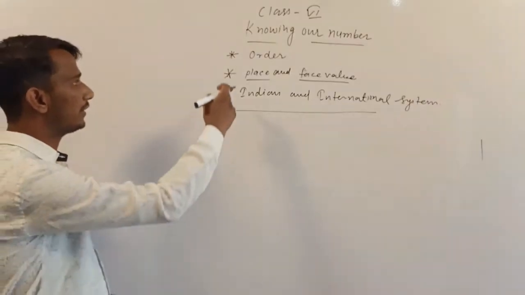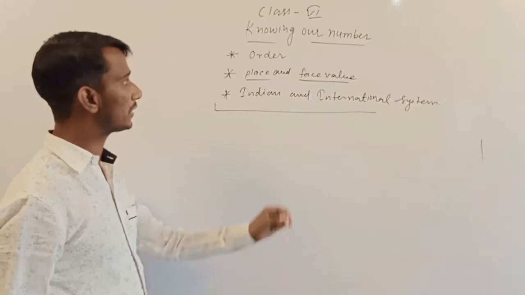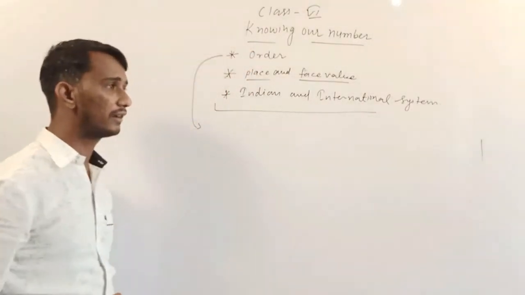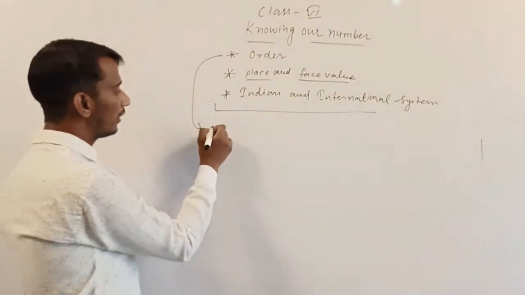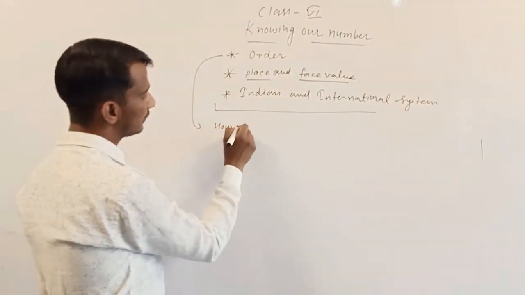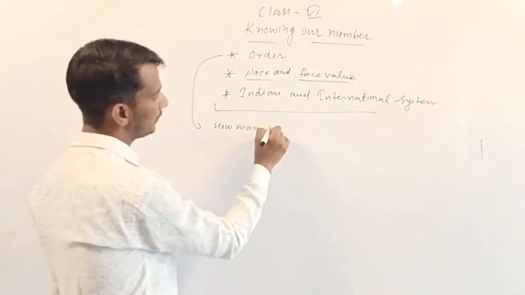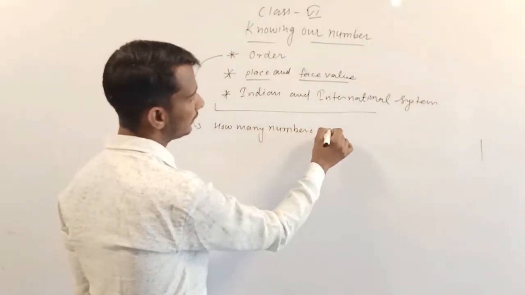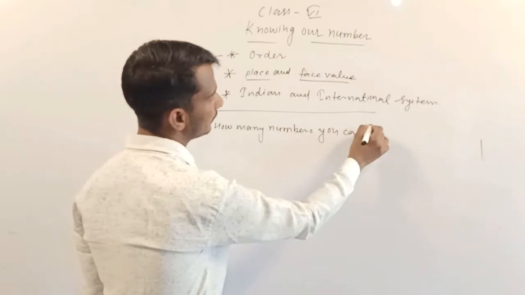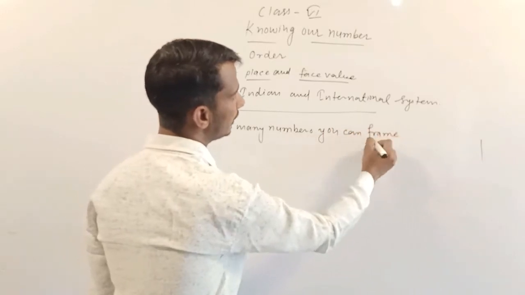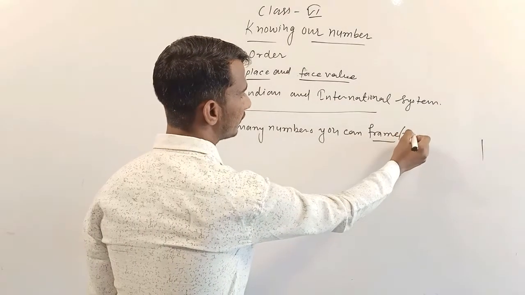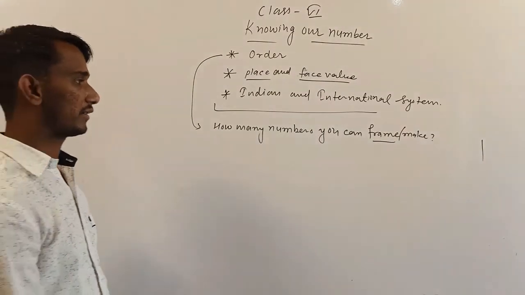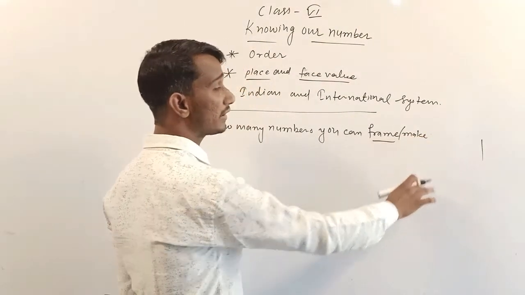First, we have defined these numbers according to order, and in this I will tell you how many numbers you can frame, you can make, if the digits are given.